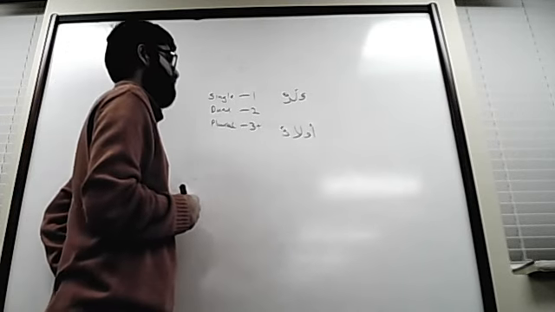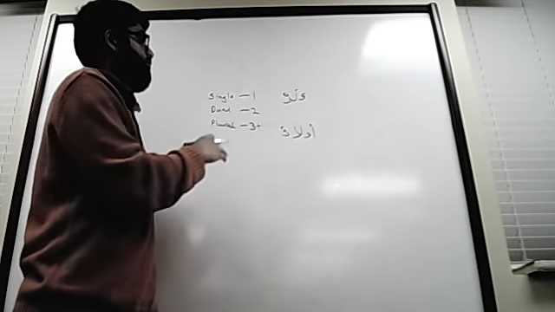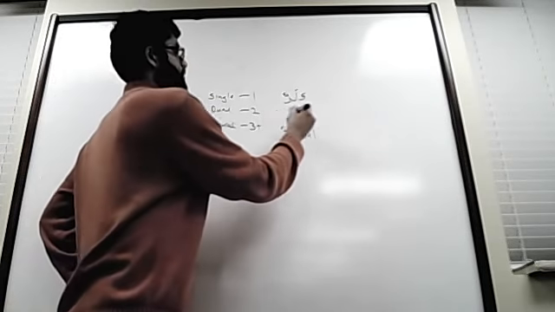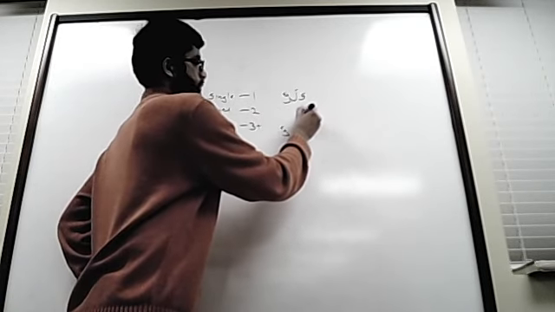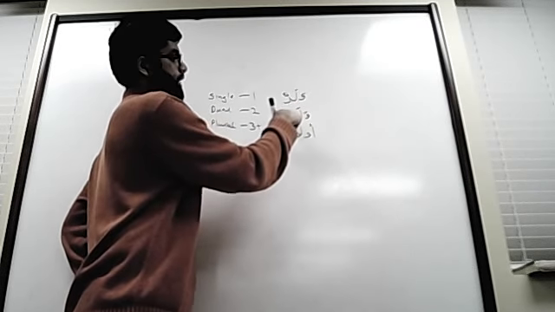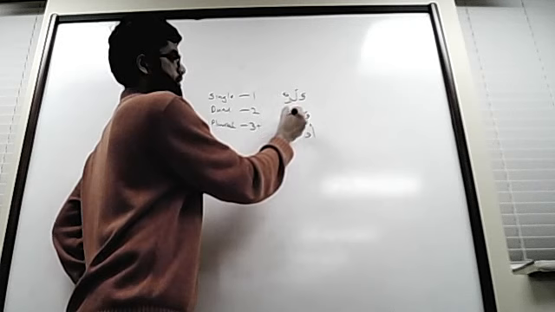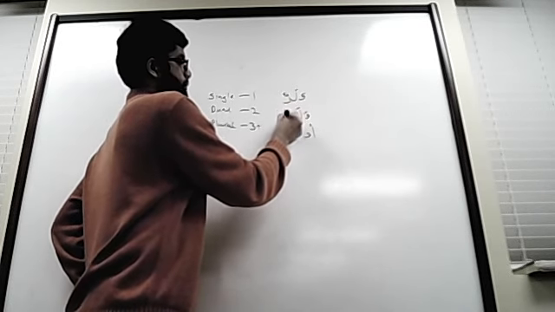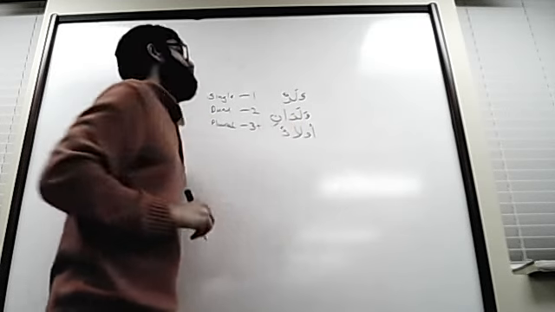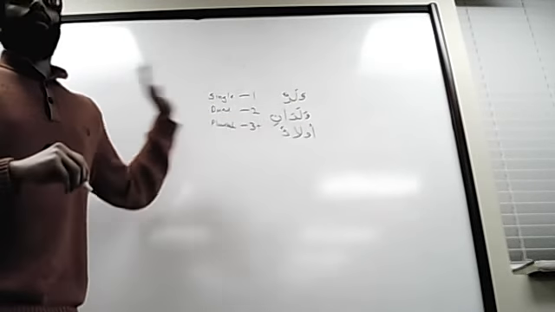Now if I want to specify exactly two children, what do I have to do? Waladan. I write wala, and the last letter, instead of a dhamma, has a fatha. I add an alif, noon, and a kasra. So I say waladani.